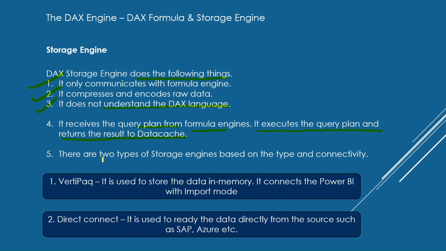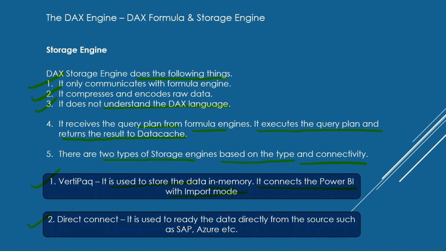There are two types of storage engine based on the type of connectivity. One is known as VertiPaq, another is known as DirectQuery. VertiPaq is used to store the data in memory. It connects Power BI in import mode.